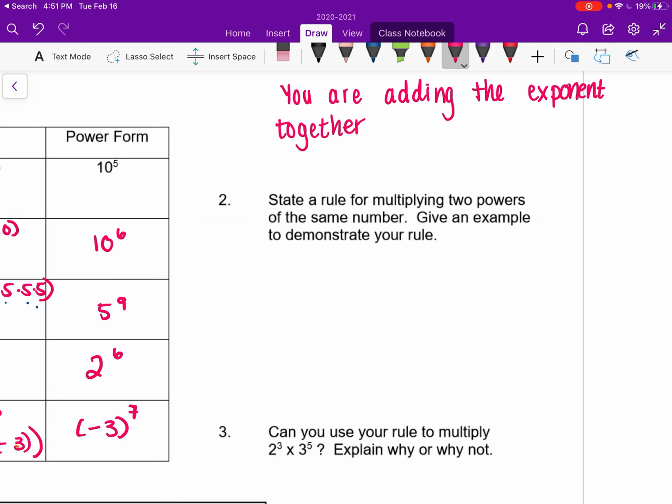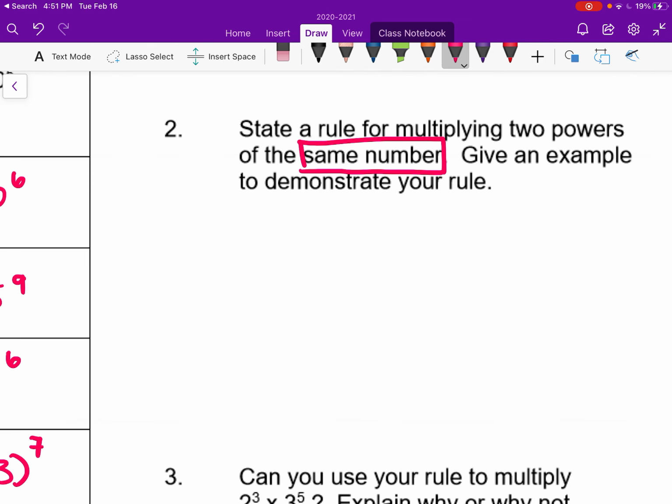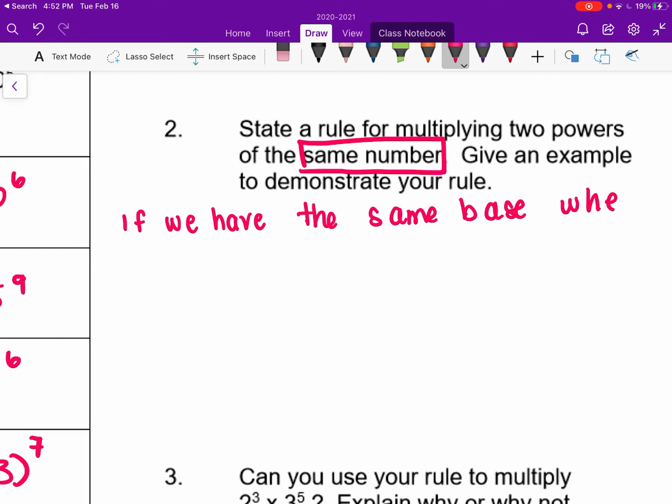So a rule that you could state for multiplying two powers of the same number with the same base is that when multiplying, the same base means that you have 10 to the power of 6 and then 10 to the power of 7, right?